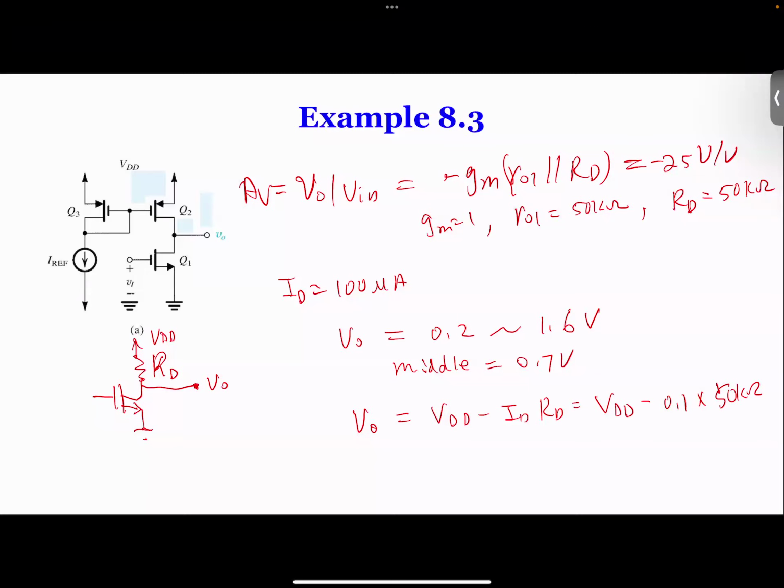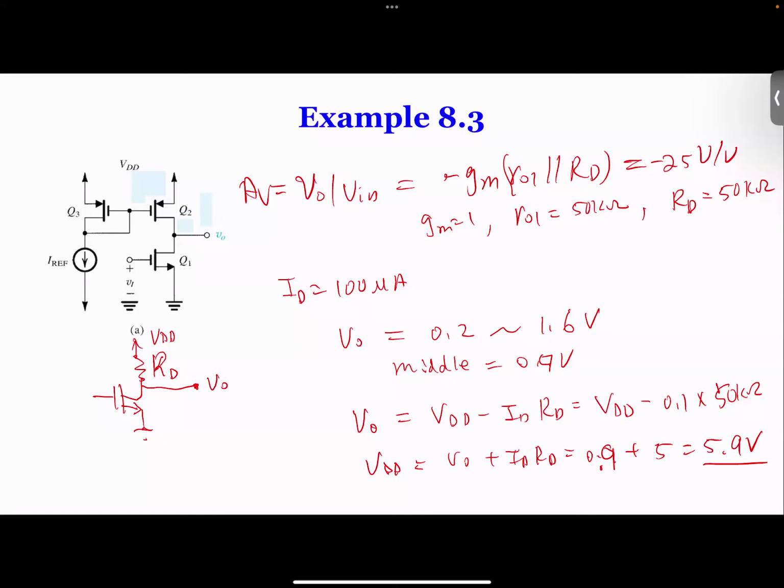So VDD minimum has to be VO plus ID times RD, which is 0.7 plus 0.9. Again, I made a mistake. So 0.9, I don't know why I always get 0.7. 0.9 plus 5 is going to be 5.9 volts to maintain the same operation.